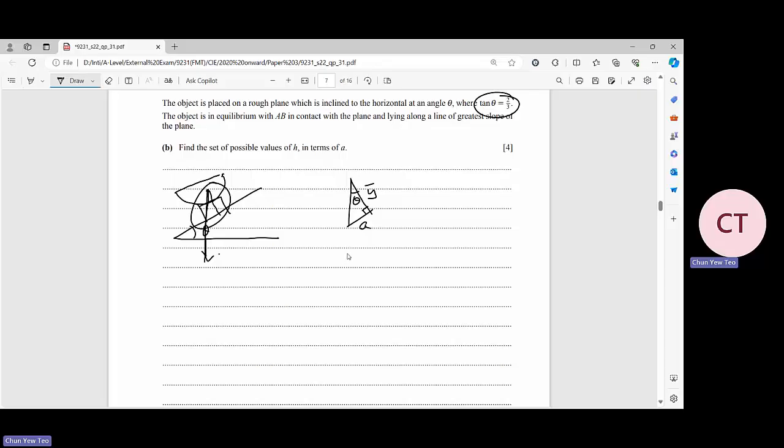So you can see that A over bar Y is equal to tangent theta. To be more precise, the tangent theta must be less than or equal to A over bar Y.